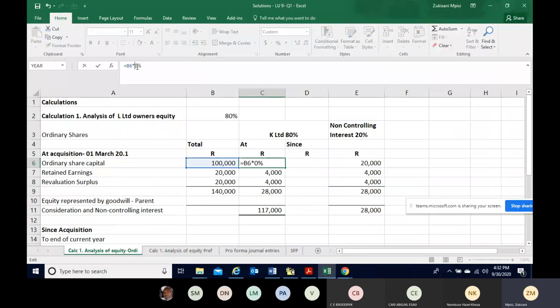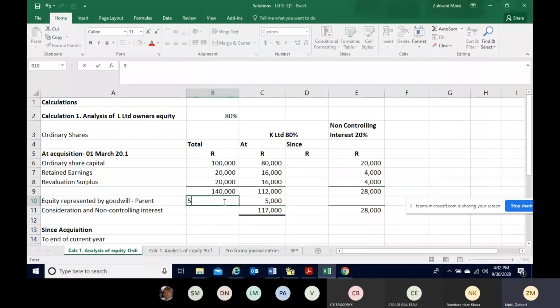Sorry, I did something wrong there. Now I'm just picking up why the numbers are like this. So the consideration is 117,000, which means that consideration less the net assets, the goodwill is 5,000.